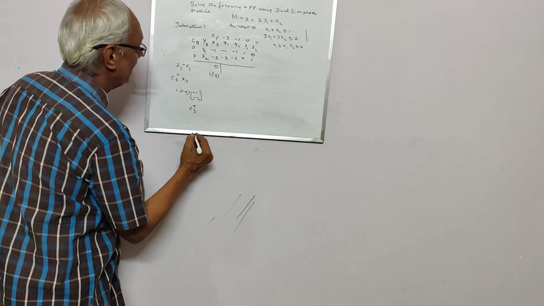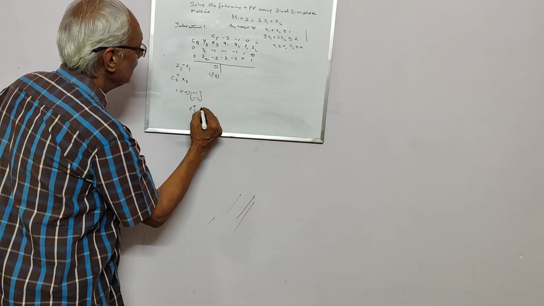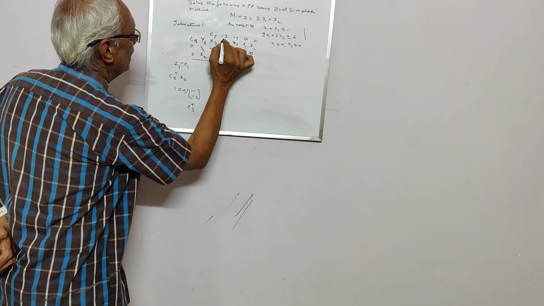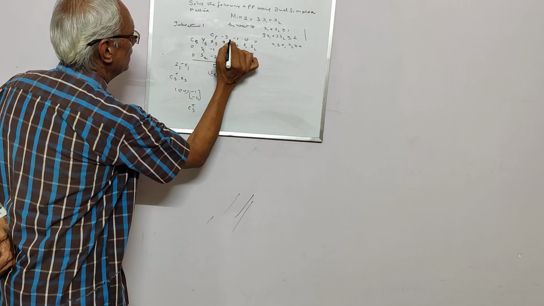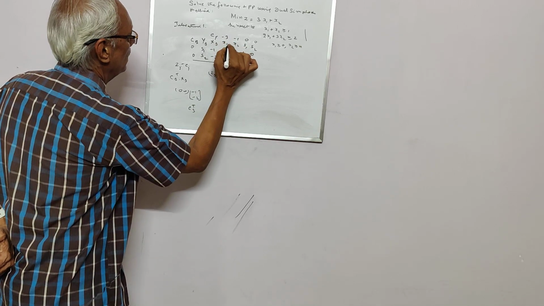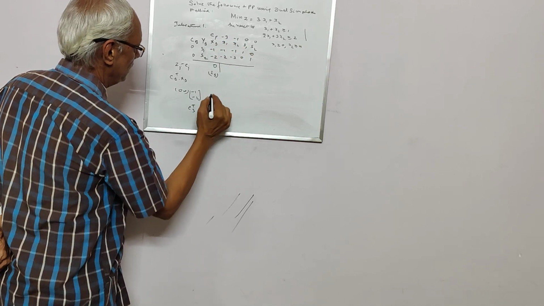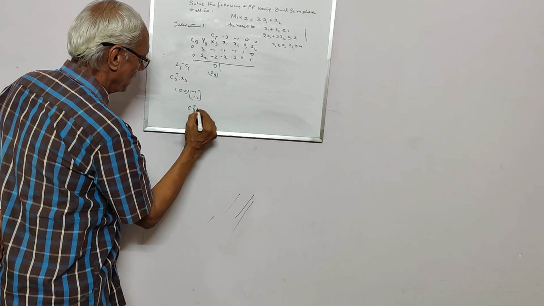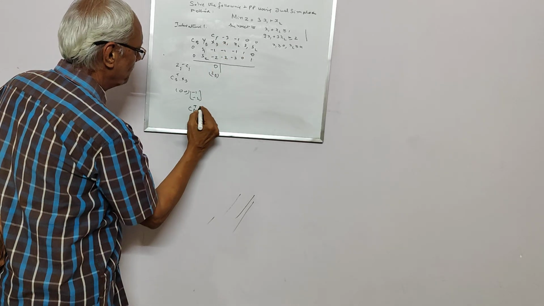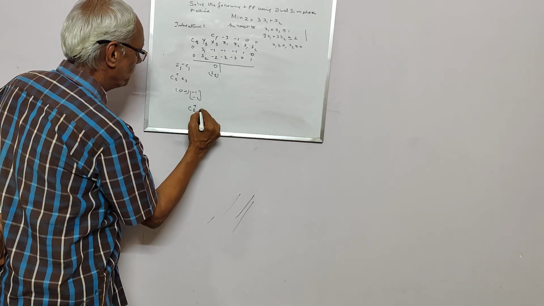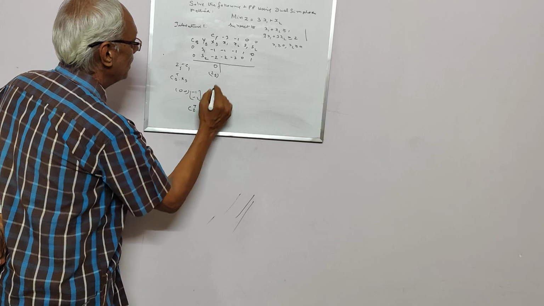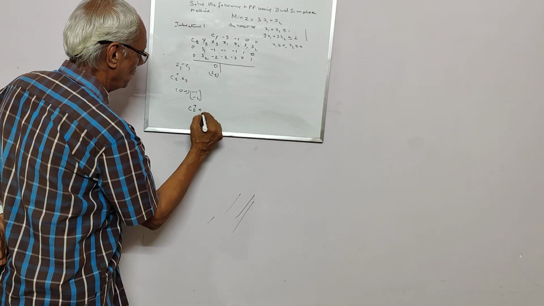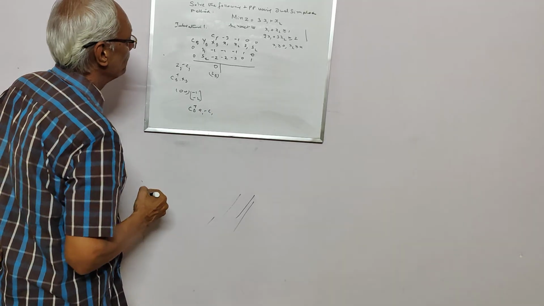Then how do you get the values here? It is CB transpose into A1 minus C1.